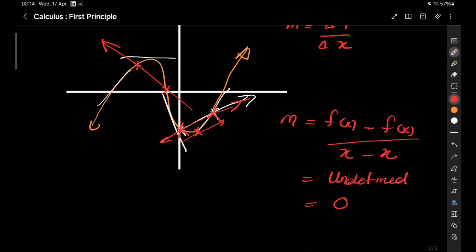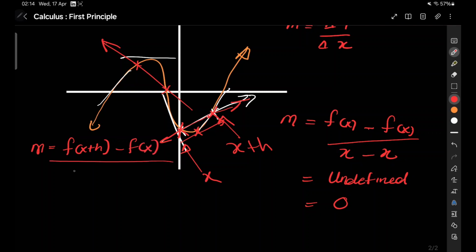So what I mean by that is that we're going to assume that this point here would obviously be x plus h, and the other point we'll call x. So now if we were to use our gradient method, we're going to say f of x plus h minus f of x, all that over x plus h minus x.